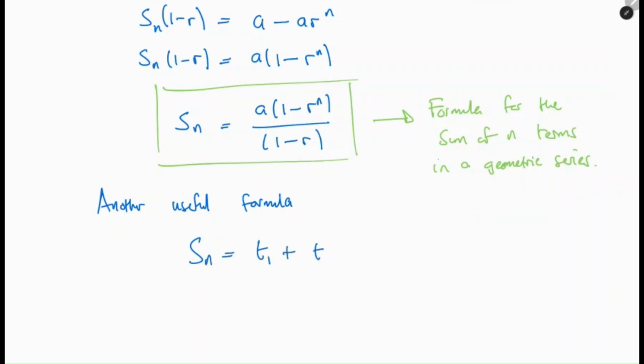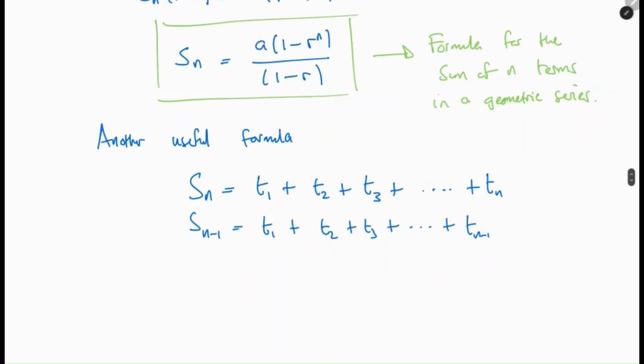This is the sum. So this is very general now. I'm using T's and subscripts again. And this is equal to, again, the sum, but this time we're going to stop at Tn minus 1. Let me write it out like that.